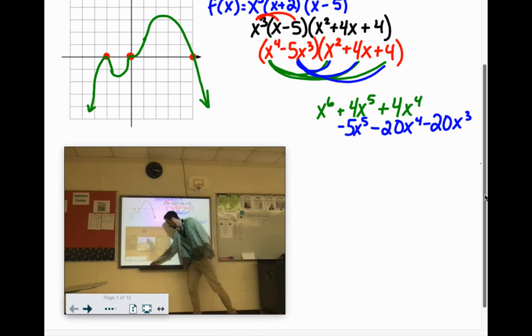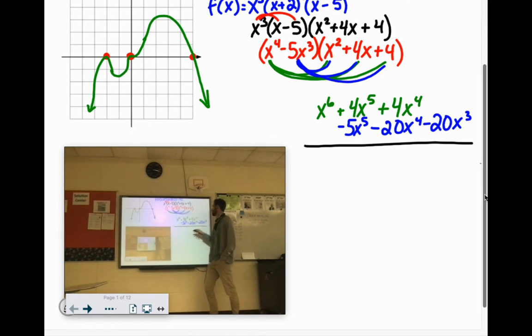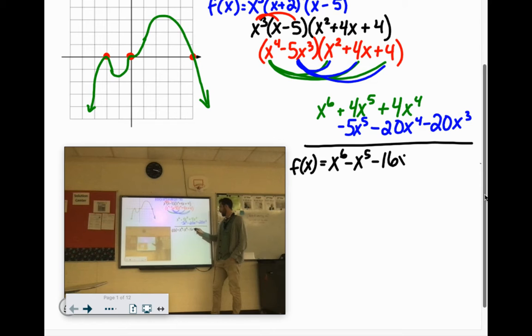So we combine our like terms here. We'll say f of x, or you can say y equals x to the sixth. 4 minus 5 is negative 1, minus x to the fifth. 4 minus 20 is negative 16x to the fourth. And negative 20x to the third.